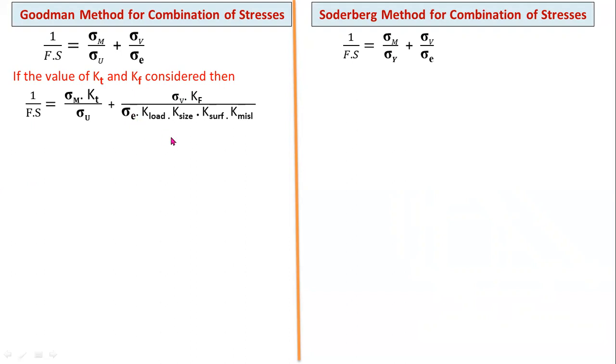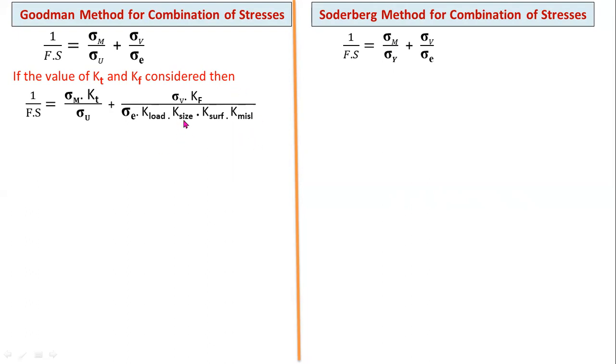Here K load means load factor. For axial loads, you have to consider Ka equal to 1, and for bending loads, you have to consider K load equal to 0.8. For shear loads, you have to consider load factor Ks equal to 0.5 or 0.8, depending upon the type of material.